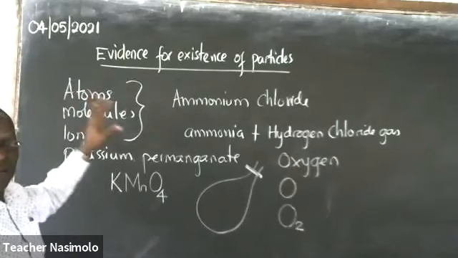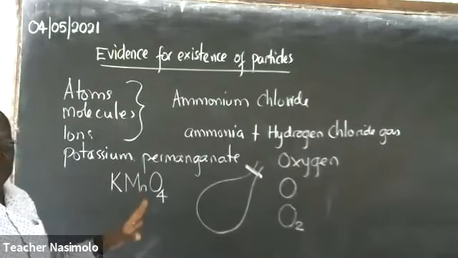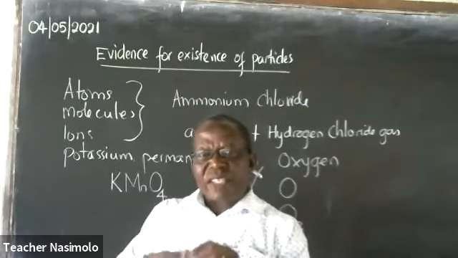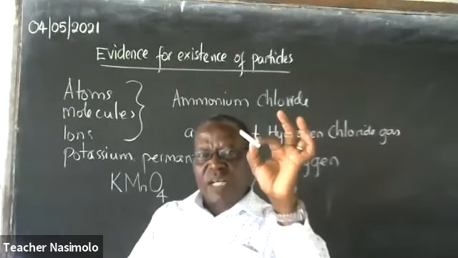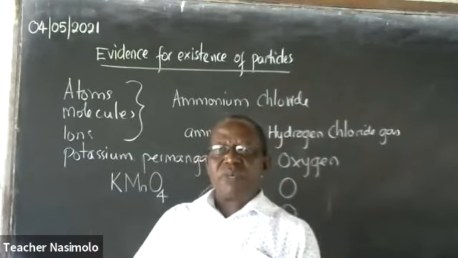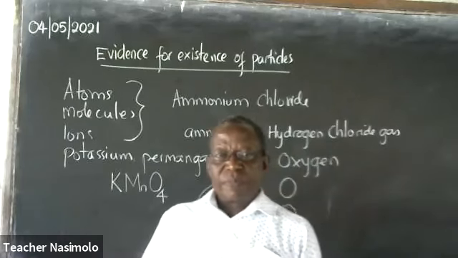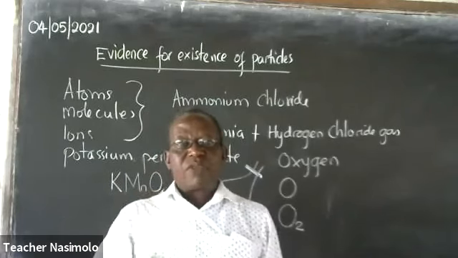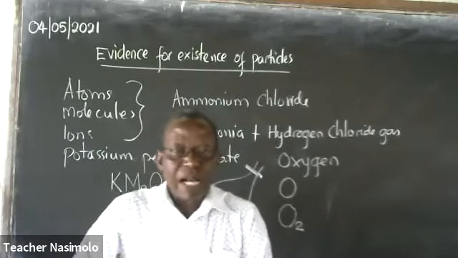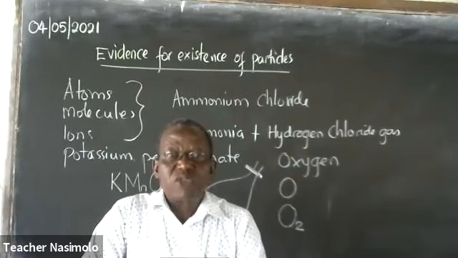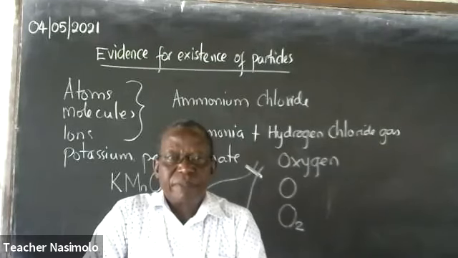We shall be handling each of them one at a time. What you need to know is that when you keep on breaking something, like I broke the piece of chalk, time comes when you get very tiny particles. But even when you get a very tiny particle, that is not the equivalent of an atom, because if it is an atom, you cannot see it, because it is too tiny indeed. I hope that is clear.